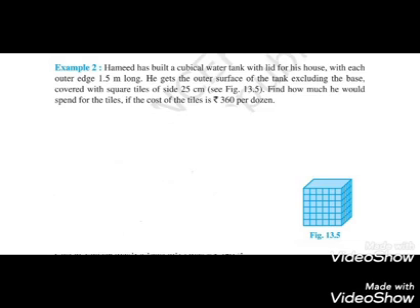So we get the number of tiles, and we find the cost of one tile and multiply it by the total number of tiles, which gives the total cost Hamid spent to build the tank with tiles. Here it is clearly given that it is a cubical tank, so the total surface area without the base is 5a square. Now we see the solution.